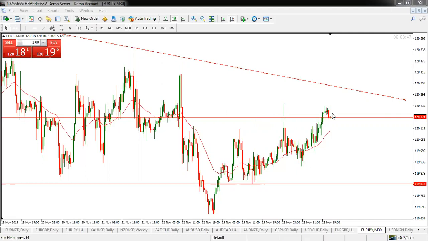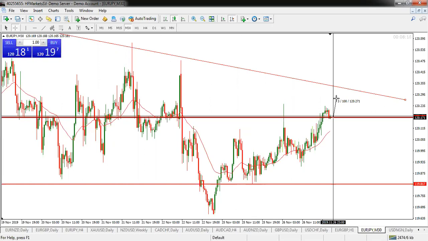So if we say that the market is going to come like this, and the market decided to go like this, and then the market decided to go some 10 pips before we close our trade. If you are on 0.01, how much would you have lost in the trade? Your account will have been $1 less.